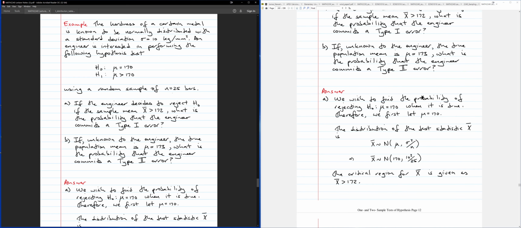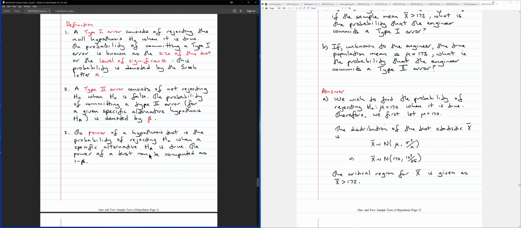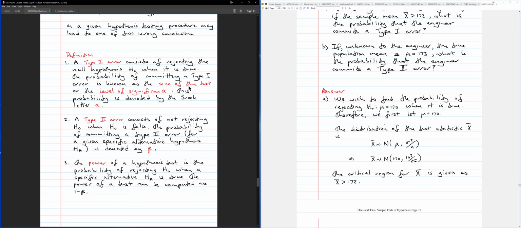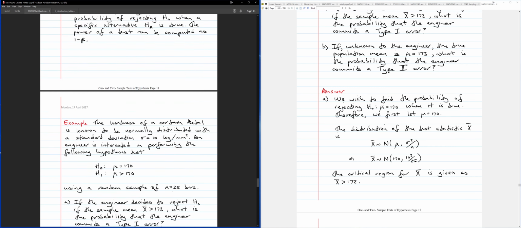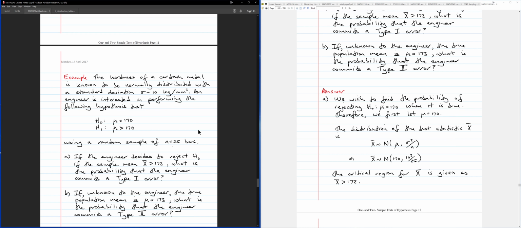H0 is actually true, and in this case H0 is mu equal to 170.